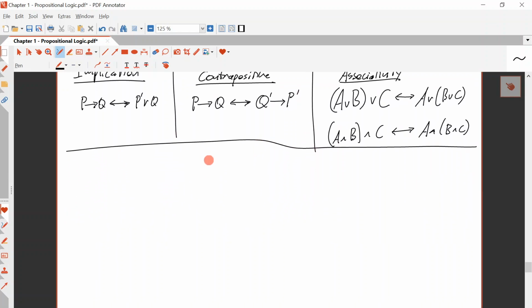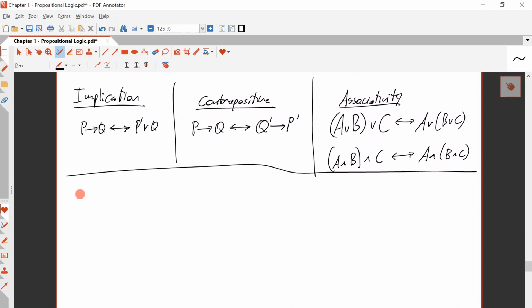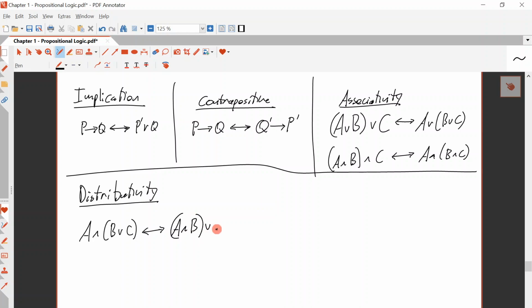Next, distributivity is a little more interesting. A and (B or C) is logically equivalent to (A and B) or (A and C).